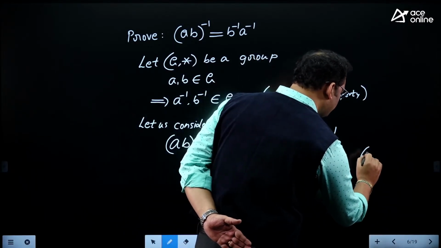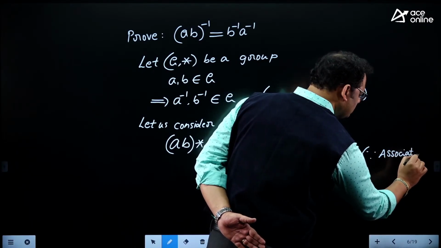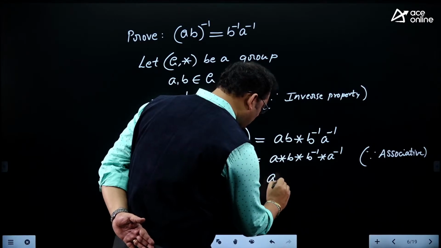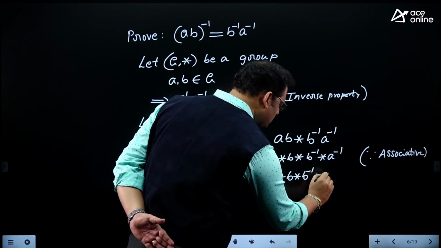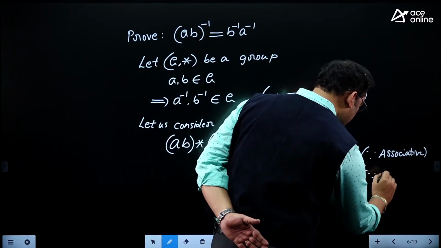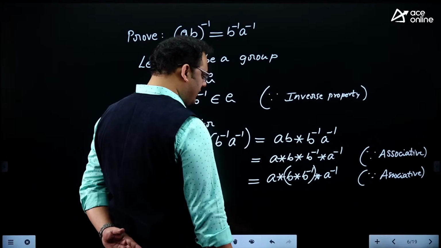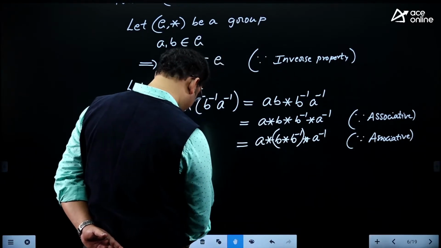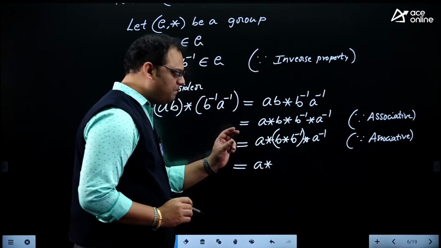So let me write something here. Associative: A star, B star, B inverse, star A inverse, since the given structure is associative. Here we have A star, B star B inverse.